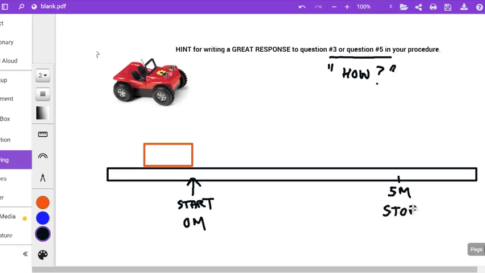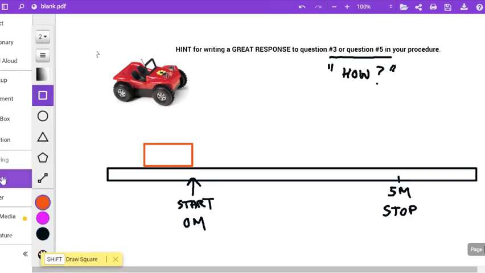Okay. So the thing would be is if that's your experiment, then you have to know exactly where to start and stop timing the car. So if you start timing the car here where I first drew, the question is where do you stop timing the car?